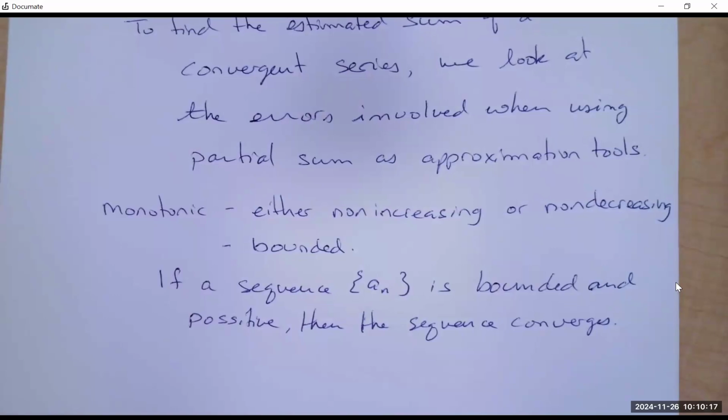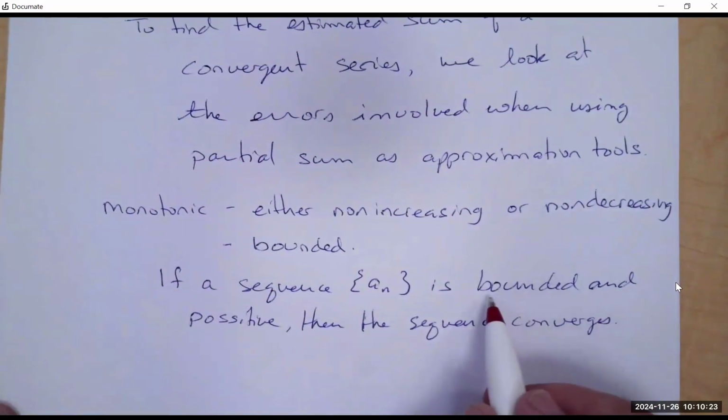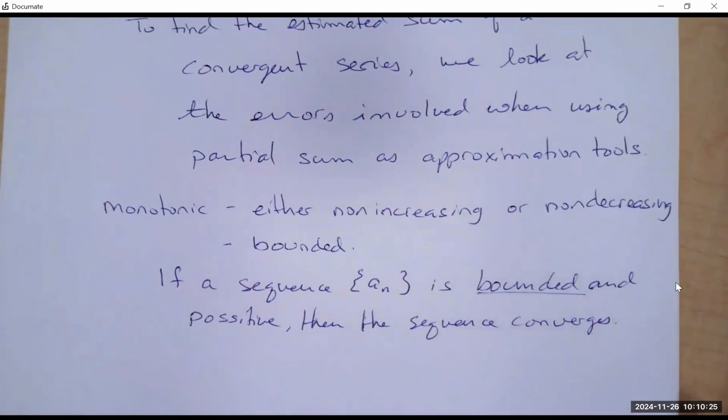We talked about monotonic sequences in section 1, I believe. What does it mean by being bounded? Well, it means that there's either an upper bound, which the function doesn't exceed, or a lower bound where it doesn't go below either. It stays between there. It's bounded. It's like borders.